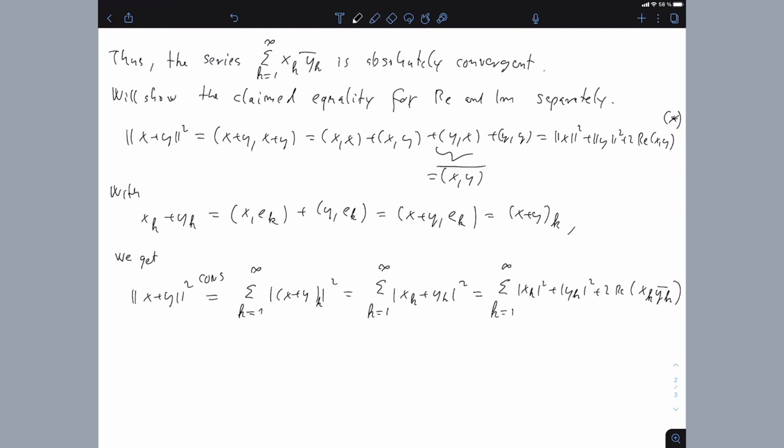That's like the equivalent of a plus b square for the complex absolute value. And you get this exactly like we got this equality here, since we can write this as scalar product of xk and yk.